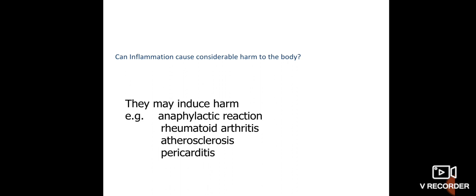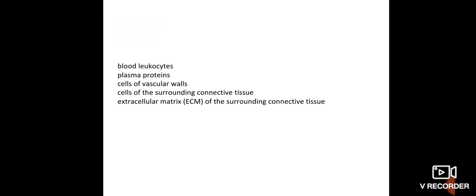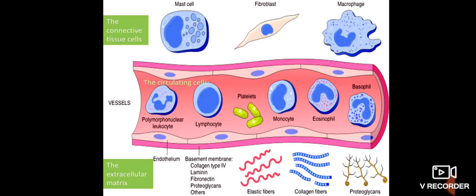Inflammation is terminated when the offending agent is eliminated and secreted mediators are broken down and dissipate. These are all the definitions, in which the blood leukocytes, plasma proteins, vascular walls, and some connective tissues also play an important role.